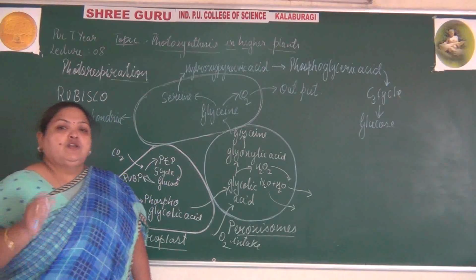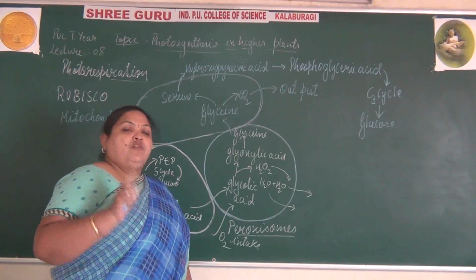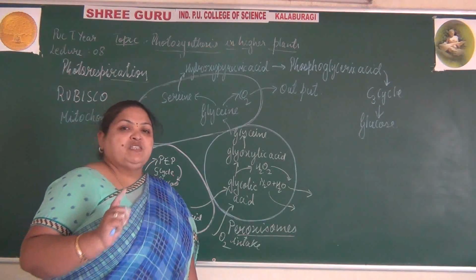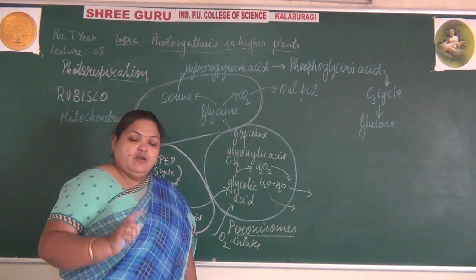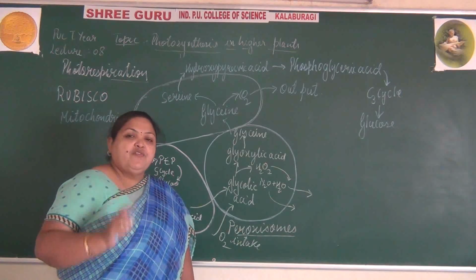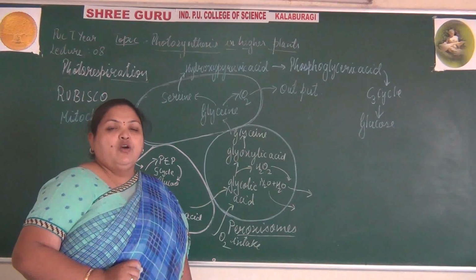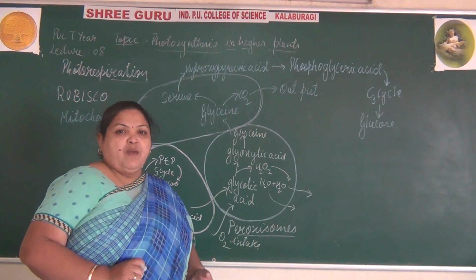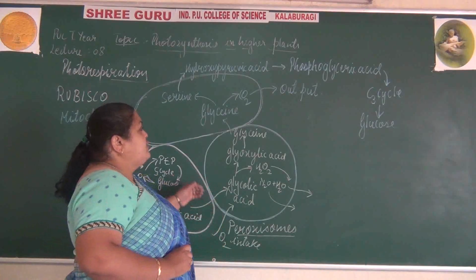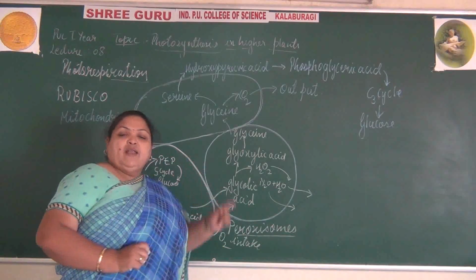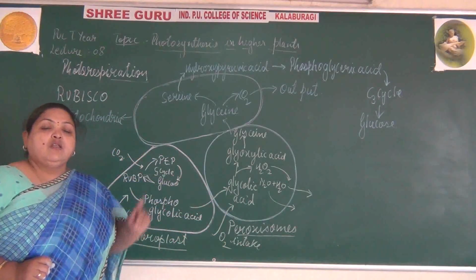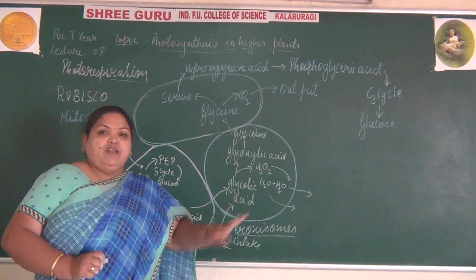So today's topic question: we have learned the differences between C3 and C4 pathway. The question is, differentiate C3 and C4 pathway, which is a 5 marks question. While if you go with photorespiration, 1 mark for the definition: define photorespiration.